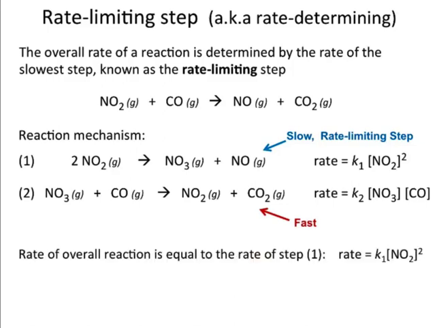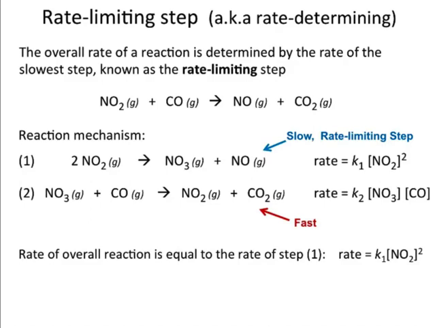So the overall reaction rate law is equal to the rate of step 1. And check it out, that matches what we said at the beginning, that this reaction has an overall rate law of rate equals constant times NO2 squared and doesn't depend on the concentration of carbon monoxide at all. So great, we've now solved this mystery.